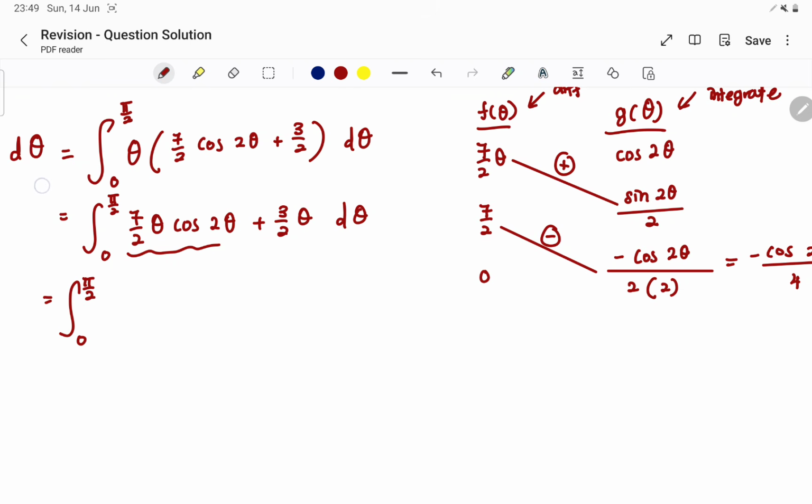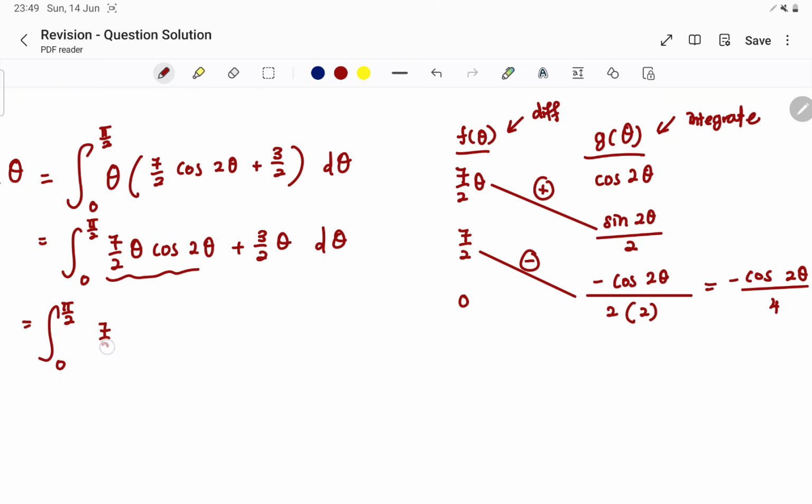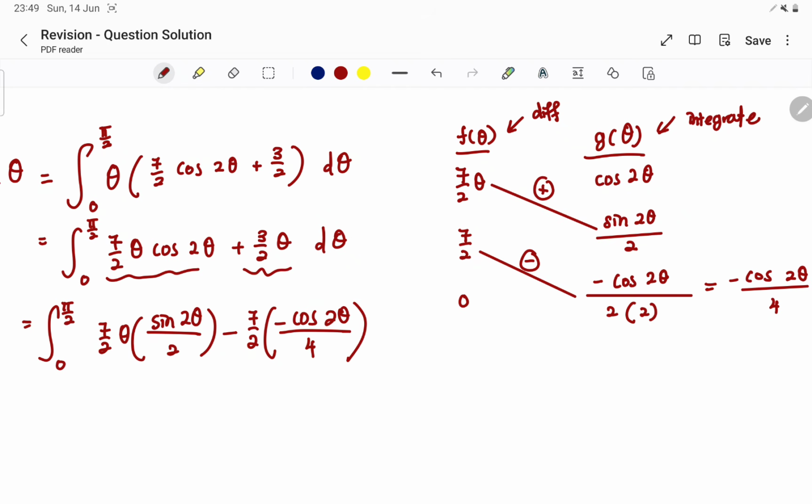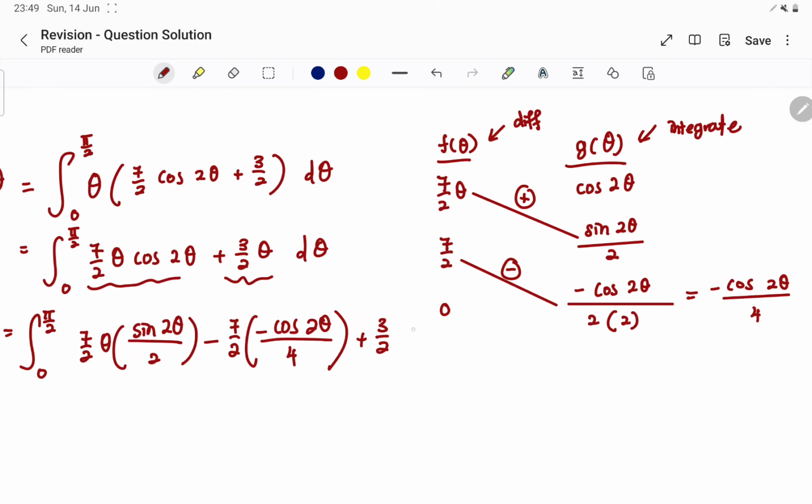For this term, if you integrate them, you're going to get 7/2 θ multiplied with sin 2θ divided by 2, minus 7/2 multiplied with negative cos 2θ divided by 4. And then you have to integrate 3/2 θ, which gives plus 3/2 θ squared divided by 2.